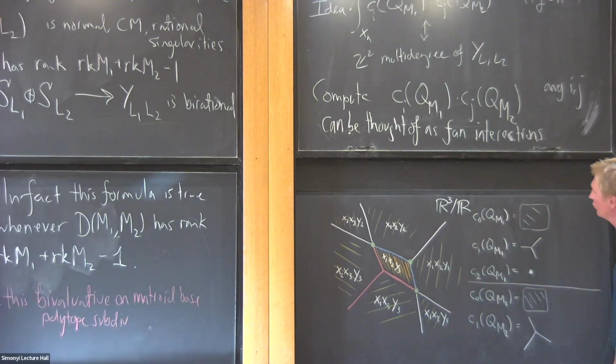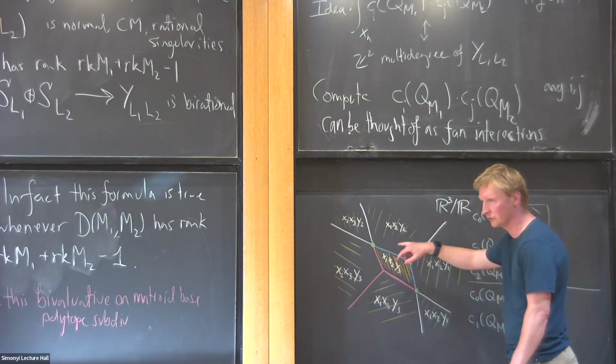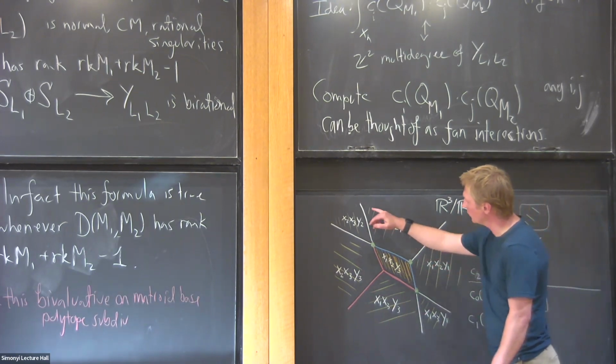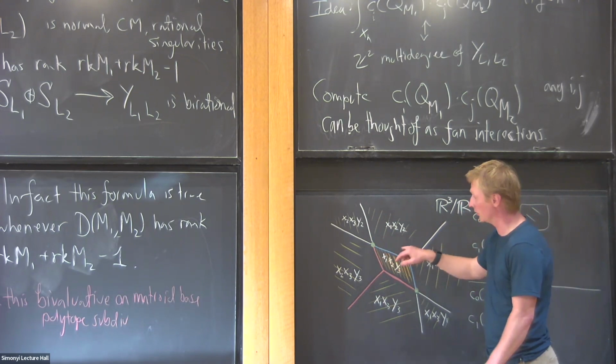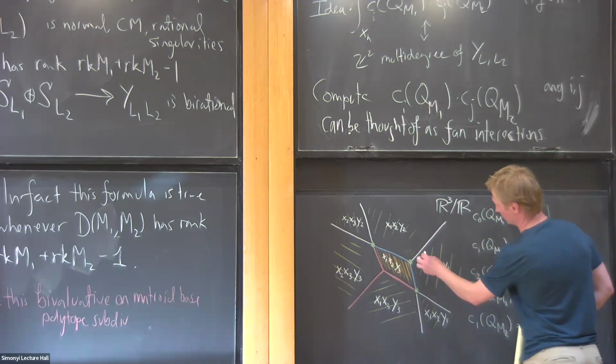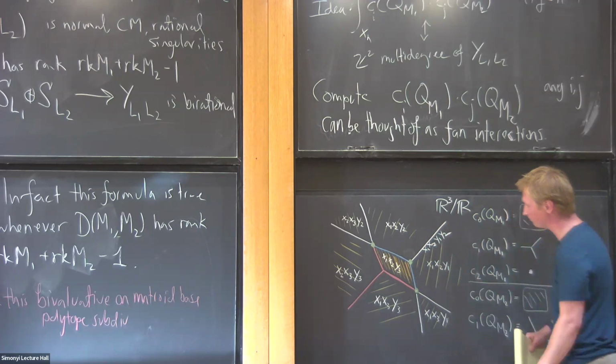You can associate a monomial to each one of these cells, and then you can associate the lower dimensional cells by taking the GCD of the cells on its boundary. So for example, this one right here would get X1, X2, Y1, Y2.